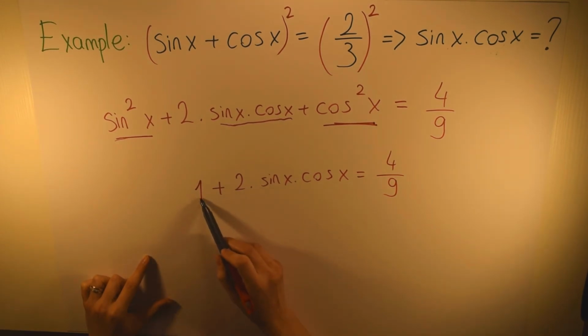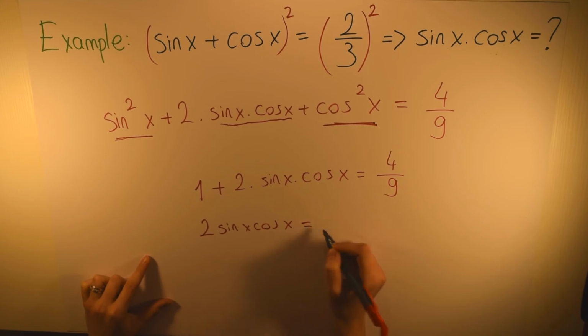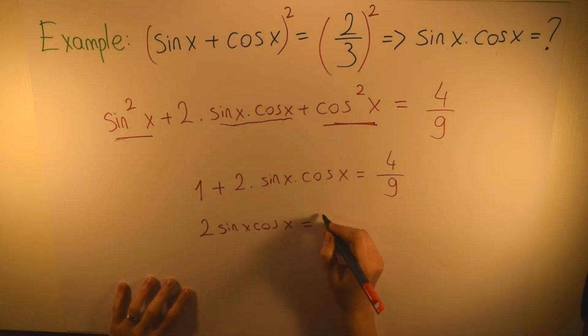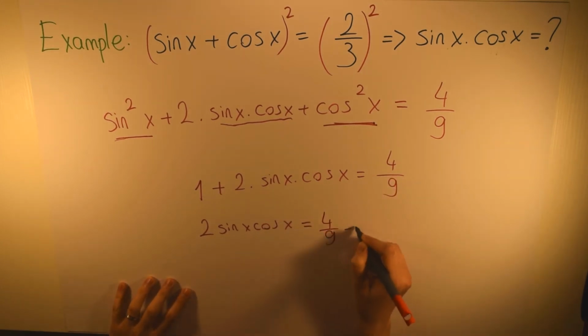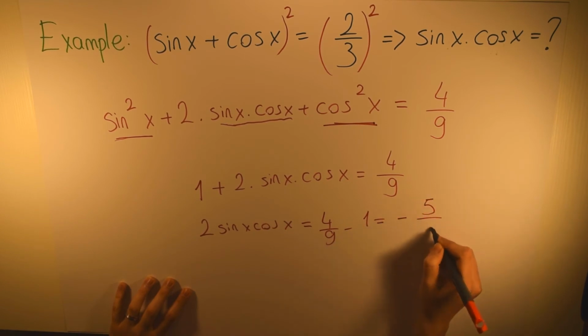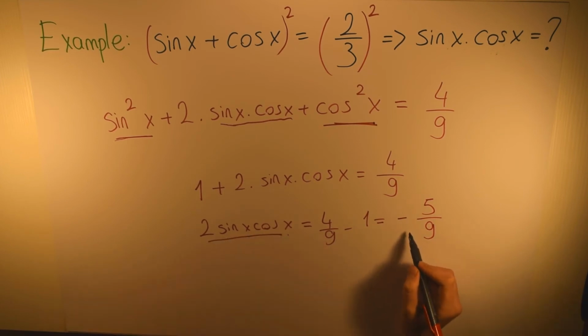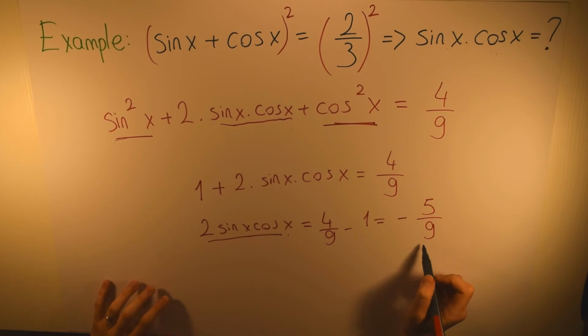Now let's put this one to the other side. So from here we will get 2 sine x cosine x is equal to 4 over 9 minus 1, which is equal to minus 5 over 9. So we know that 2 sin x cos x is equal to minus 5 over 9.